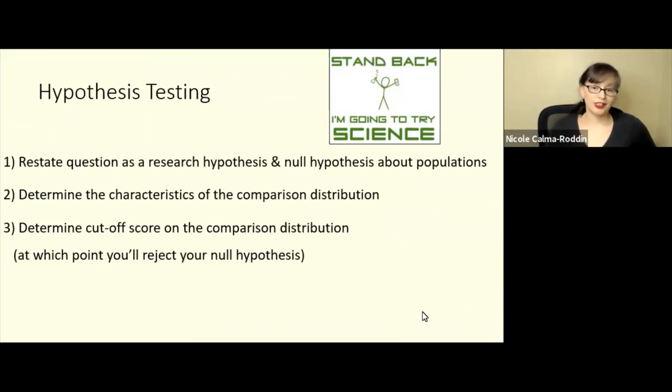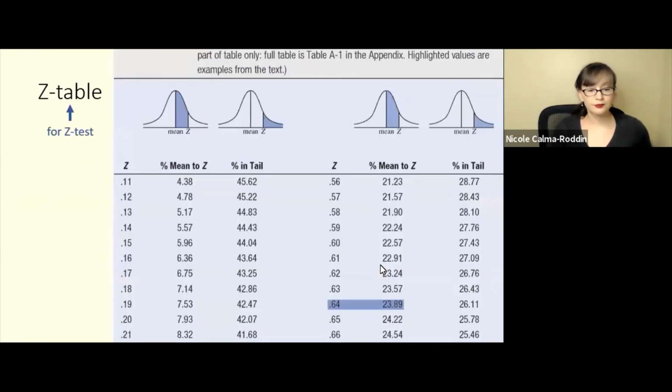Now we have step 3, and this is going to be exactly the same. Because we are still using a z-test, we're still going to be using our z-table in order to determine our cutoff score. We know that we have a one-tailed test, so we don't have to do anything extra, and in this case we'll use our 5% significance level.